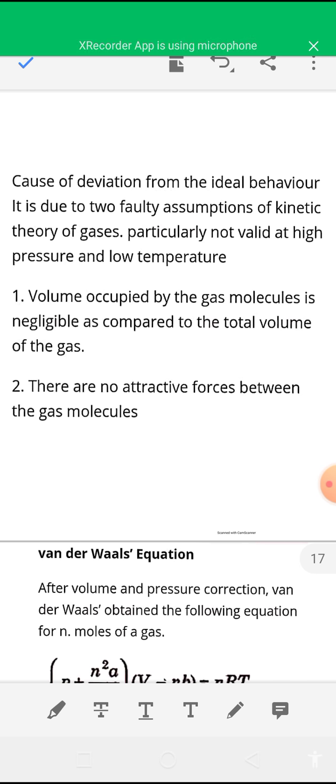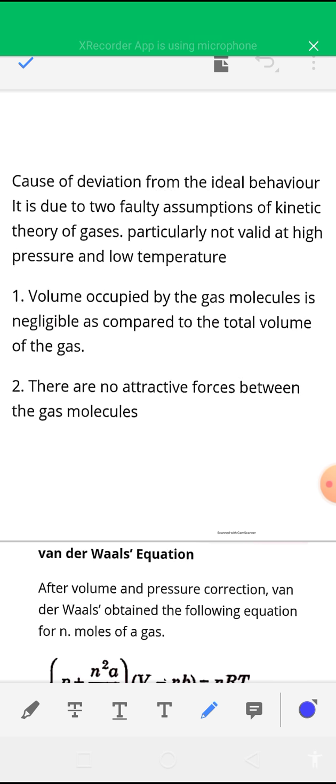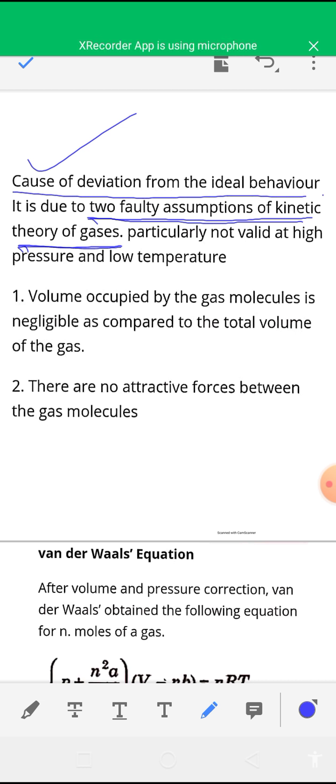Now see the cause of deviation from ideal behavior. The cause of deviations from ideal behavior is two faulty assumptions of the kinetic theory of gases, which are particularly not valid at high pressure and low temperature.